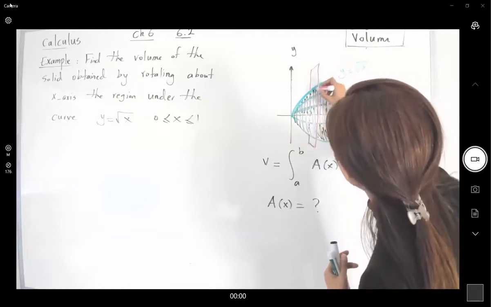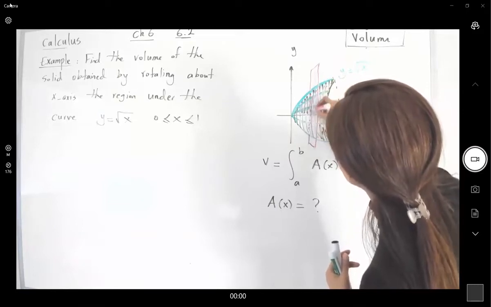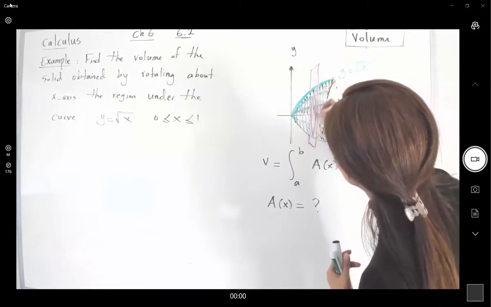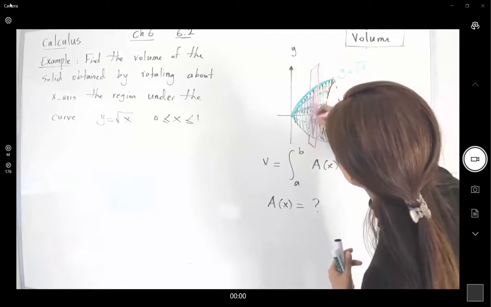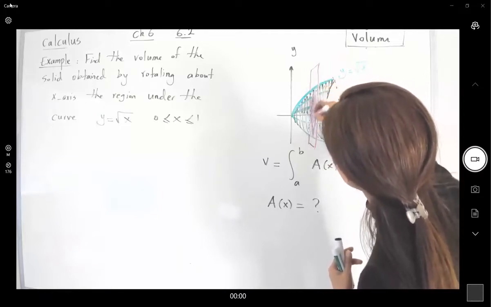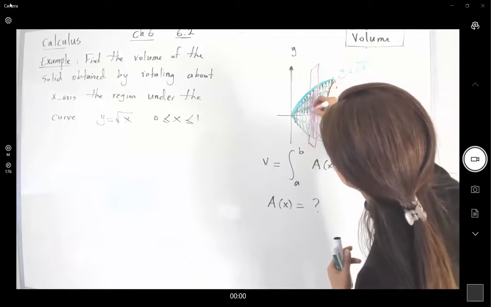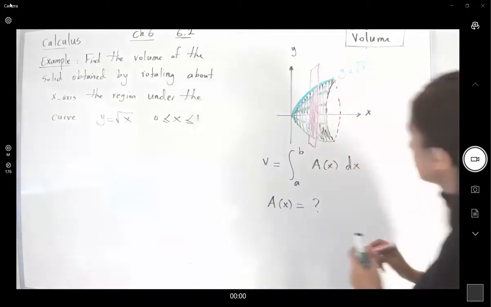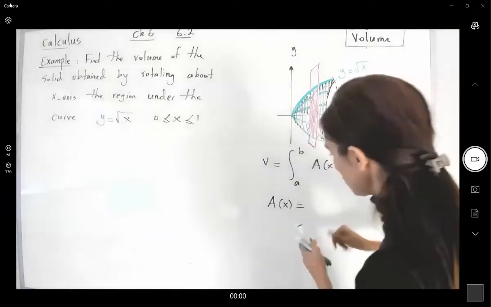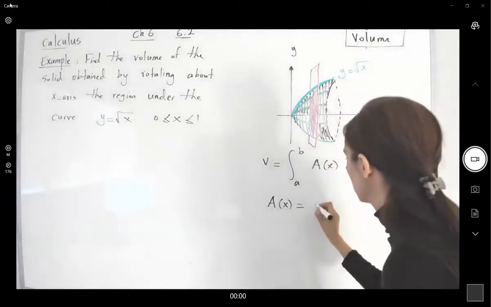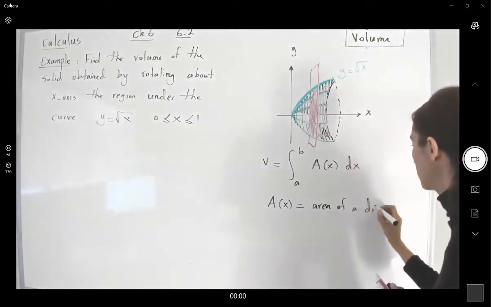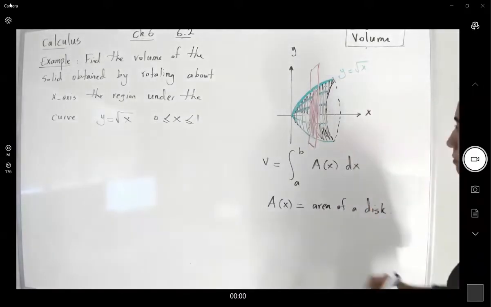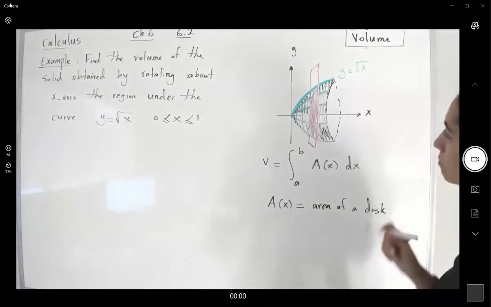So it seems like I'm dealing with a disk which represents the cross-section of this solid. Area of a disk, which is this guy here.